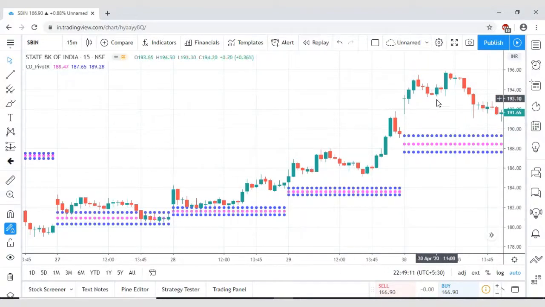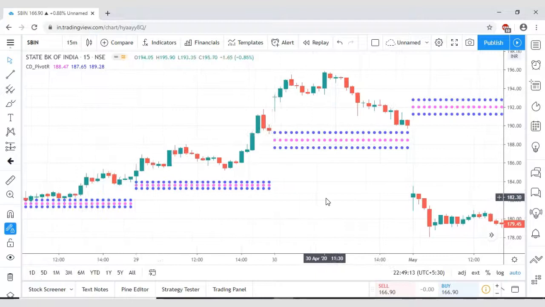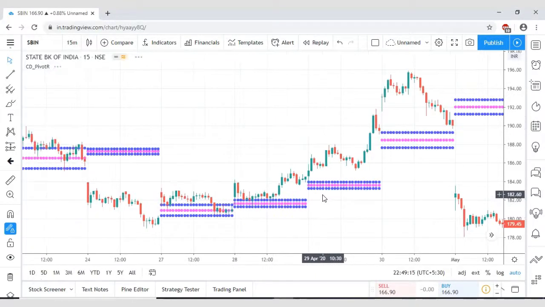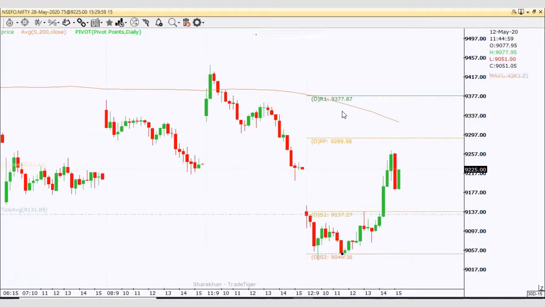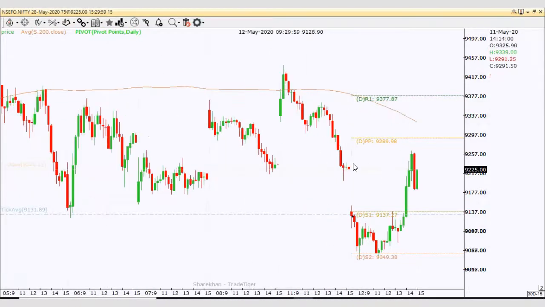See here, steps. So CPR will give you the much more advantage you need, because it will give you the levels from where the market will reverse or bounce back also. Having only pivot levels, the floor pivots, won't help you much.